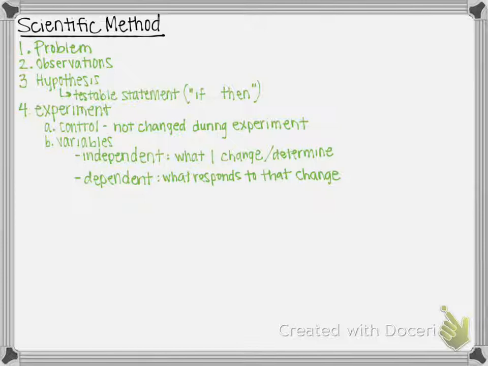So step 4 is the experiment. Step 5 is going to be recording the data or performing any calculations. Data is going to be recorded as charts, tables, or graphs.